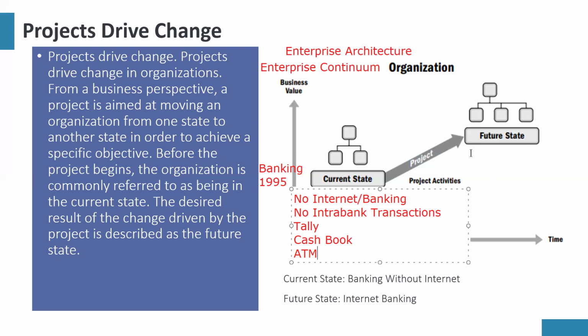But of course, we're not in 1995. From 1995, all the things we have now would have been something they were looking at in the future. But what's the backbone of most of the things we have now? Internet banking, intrabank transactions, no need for teller systems, we have ATMs.